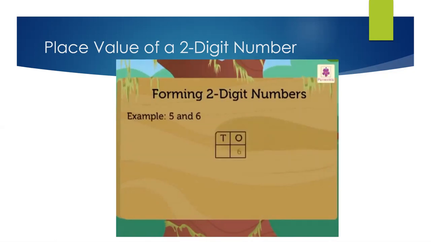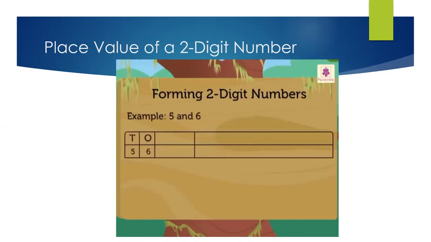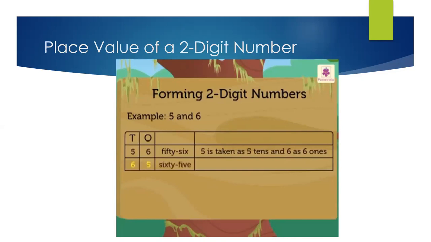Here, we place one digit in the ones place and the other digit in the tens place. Look, we got the number 56. Here, 5 is taken as 5 tens and 6 as 6 ones. Now, let's interchange the digits.